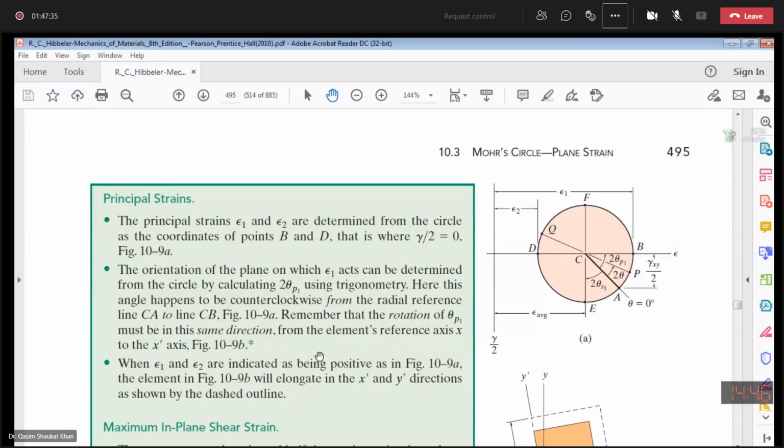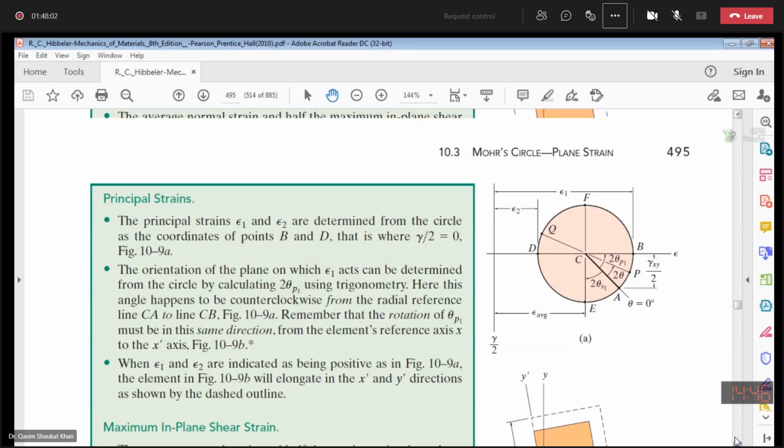Remember that the rotation of theta P1 must be in this same direction, from the element's reference x-axis to the x dash axis. So when epsilon 1 and epsilon 2 are indicated as being positive as in figure 10.9a, the element in figure 10.9b will elongate in the x dash and y dash directions.